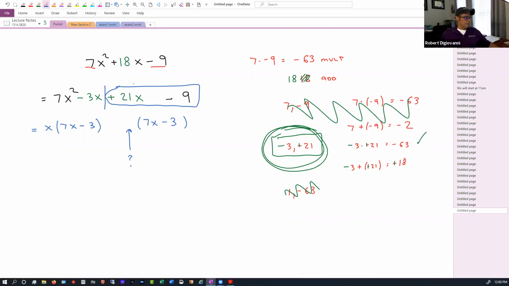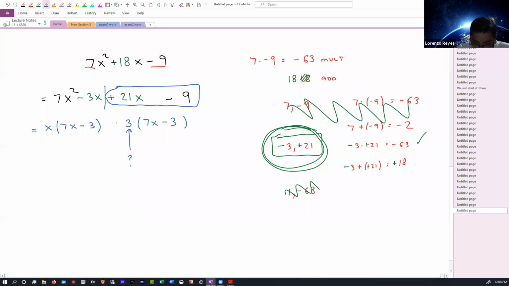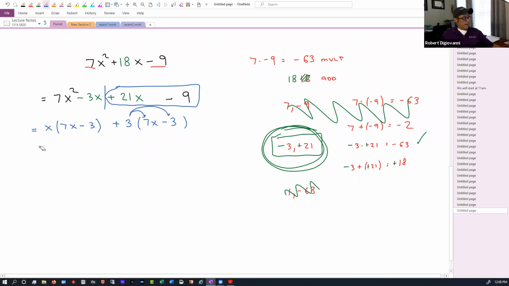It would be 3, positive 3. You can check it. If you distribute that through, you get 21x, and then minus 9. And they match, right? So I can put 7x minus 3, and then x plus 3.